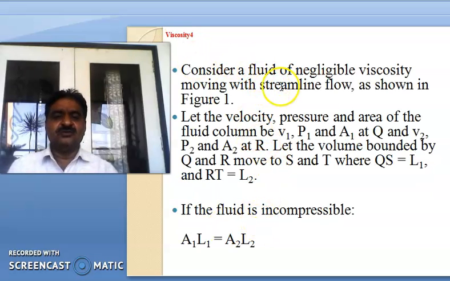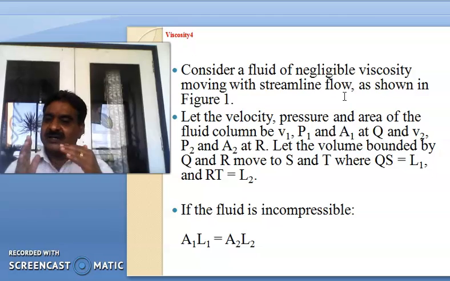Consider a fluid of negligible viscosity moving with a streamline flow, as shown in the figure.